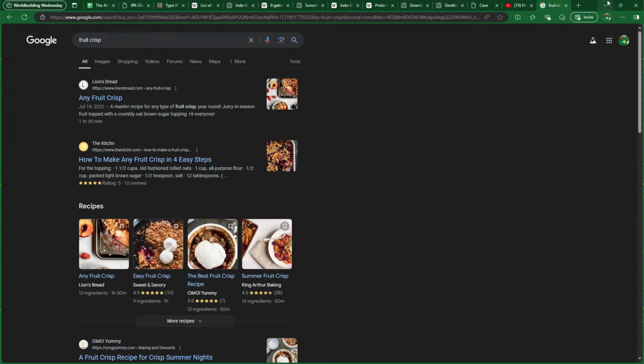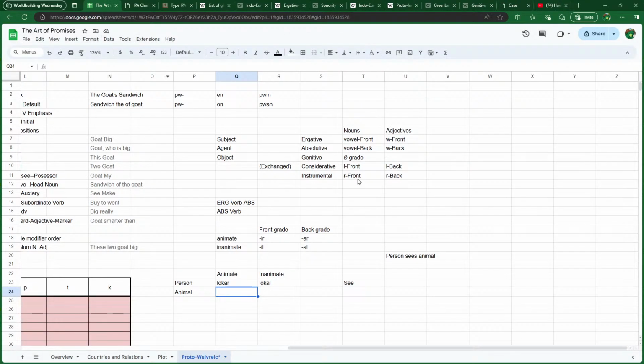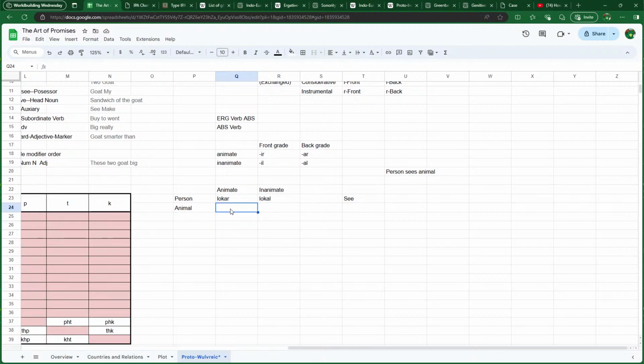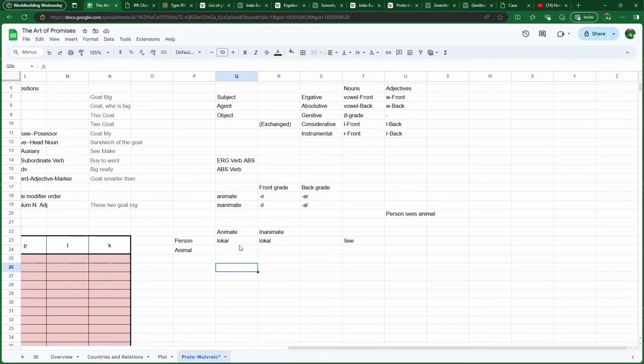But this is American crisp. Animal. Now we need a word for animal.